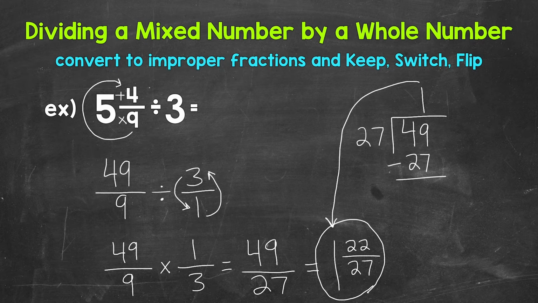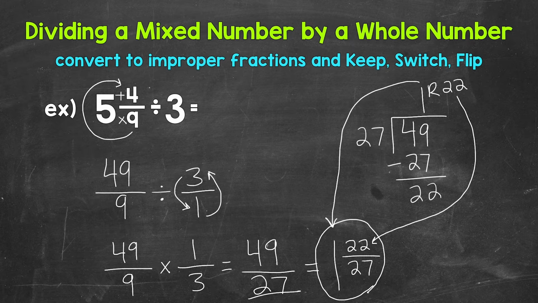So 49 minus 27. 9 minus 7 is 2. 4 minus 2 is 2 as well. So we get a remainder of 22. That is the numerator of the fractional part of the mixed number. And then we keep the denominator of 27 the same. So 1 and 22/27. So there's how to divide a mixed number by a whole number.